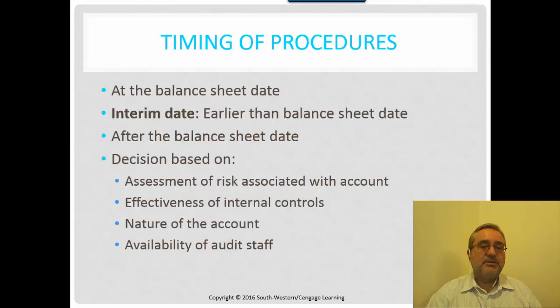At the balance sheet date is exactly what it means, and the determination of when we actually do testing is going to be based upon our assessment of risk associated with the account, the effectiveness of internal controls, the nature of the account, as well as the availability of audit staff. So as we describe in the audit risk model, the higher the risk, the greater determination that we should have to do our testing at the balance sheet date.